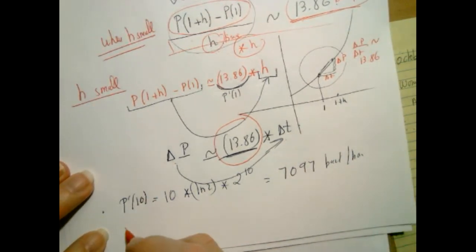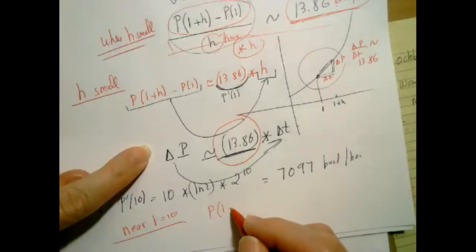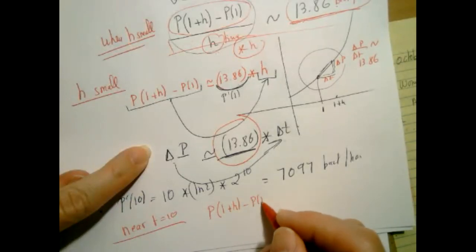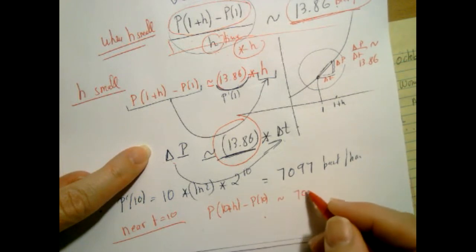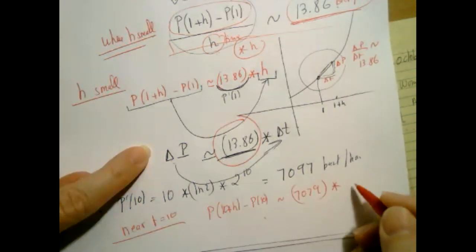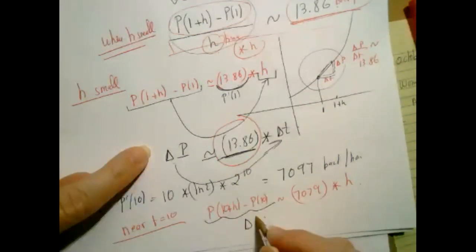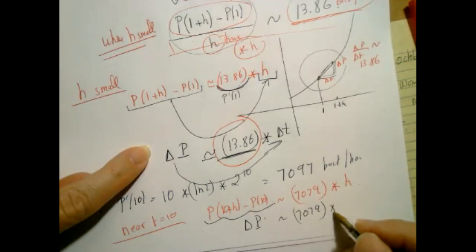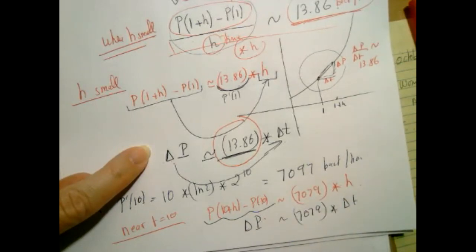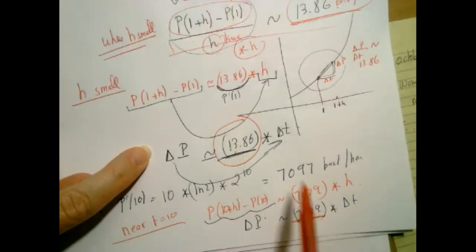It means that at time t equal to 10, when you are near 10, if you change the time a little bit, the population changes by that much times the change in time. So the change in population near 10 is 7,079 times the change in time. So you can see how much faster the population is changing with respect to time.